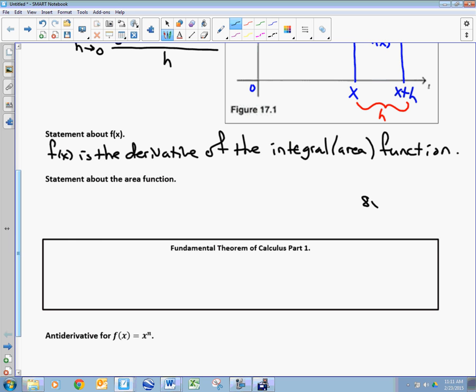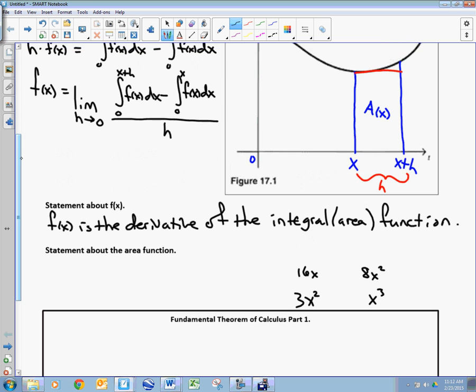If I had 8x squared on that side, what would I have over here? 16x, right? What if I have 3x squared on this side? What would I have over here? X to the third. You would have the antiderivative, right?